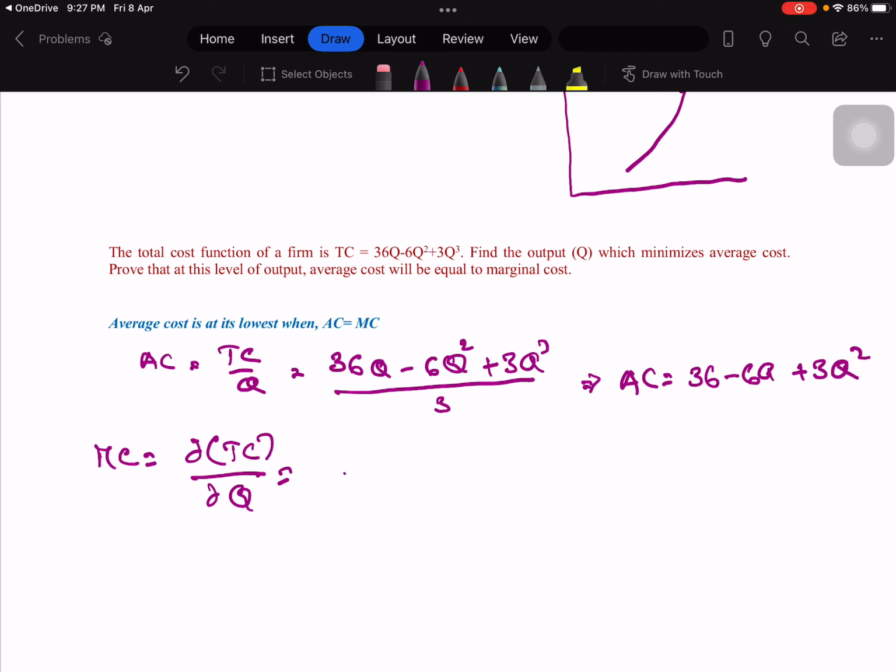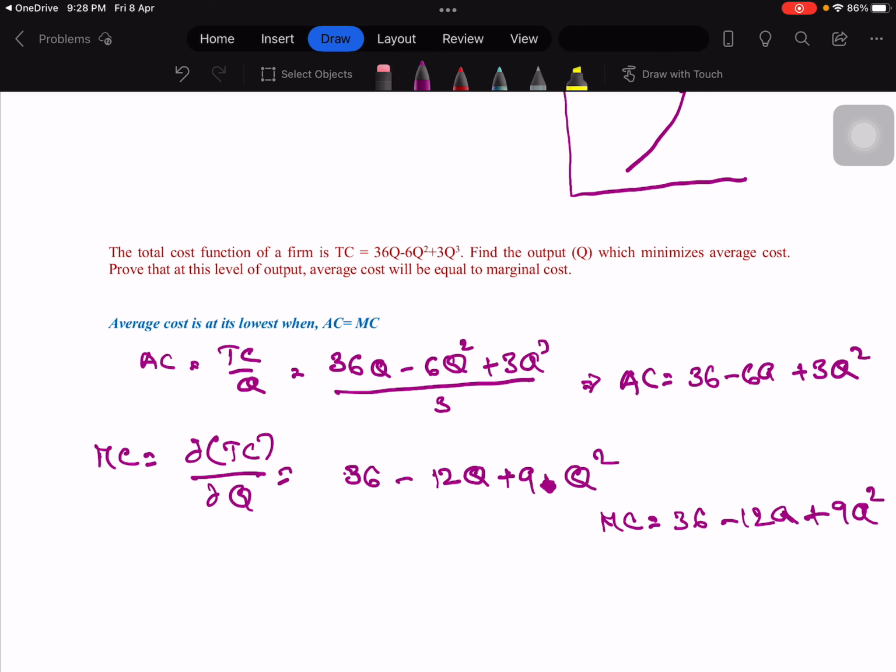So 36 remains as 36, minus 2 into 6, 12, Q square becomes Q, plus 3 into 3, 9, Q cube becomes Q square. So MC is equal to 36 minus 12Q plus 9Q square.